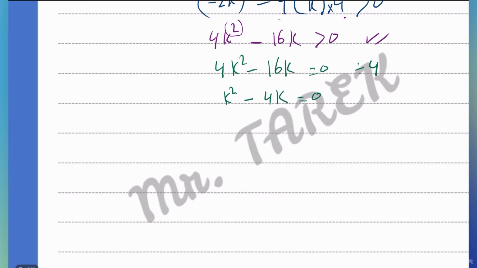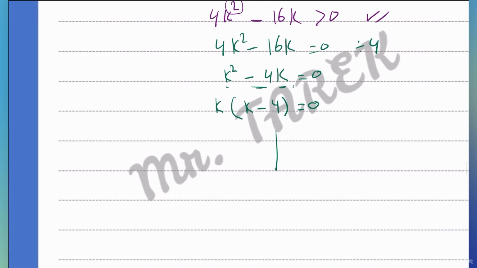How to factorize here? Unfortunately, we don't have three terms, so we cannot use the a, b, c method. By the way, if you want to use the quadratic formula, it's okay: a is 1, b is negative 4, and c is equal to 0. Or you can use normal factorization. We take k outside as a common factor, so the remainder is k minus 4 equals 0.